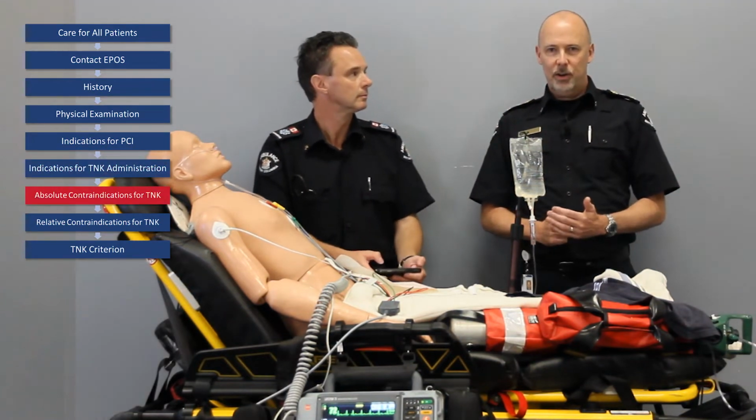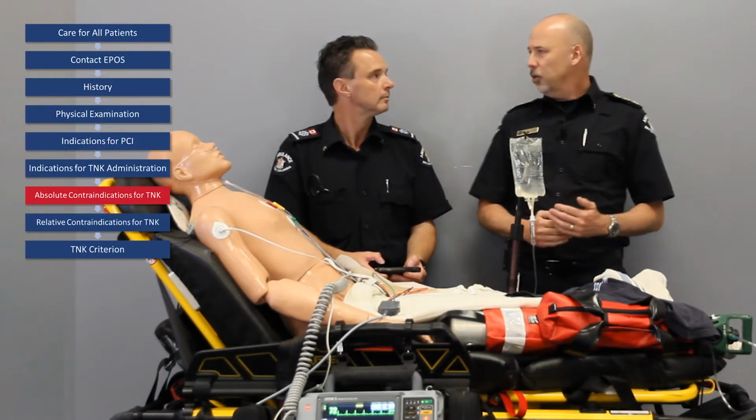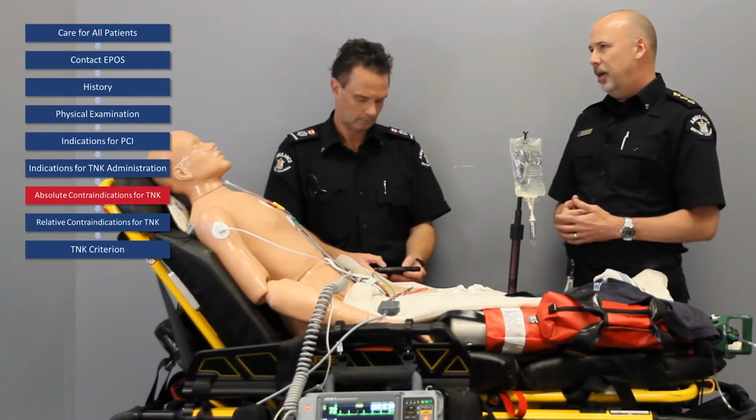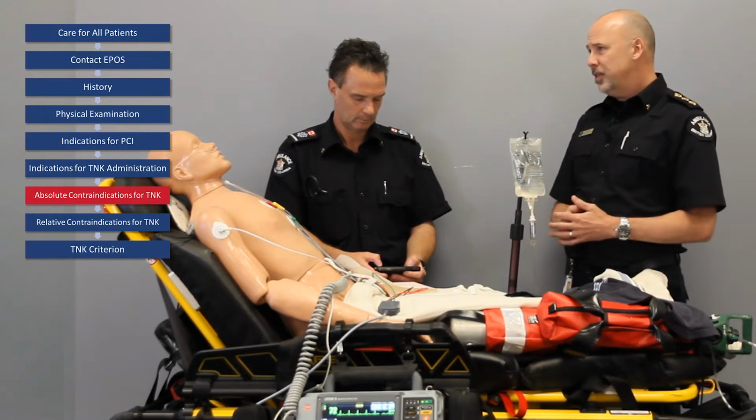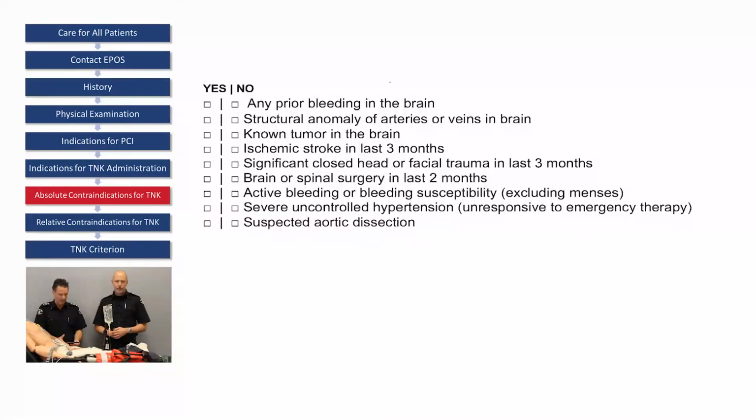Next on the checklist are absolute contraindications to TNK. This is a fairly comprehensive list, Steve. It looks like it's mostly just history taking to me, so can you walk us through how you're going to elicit that information? Sure, John. So these are the absolute contraindications.